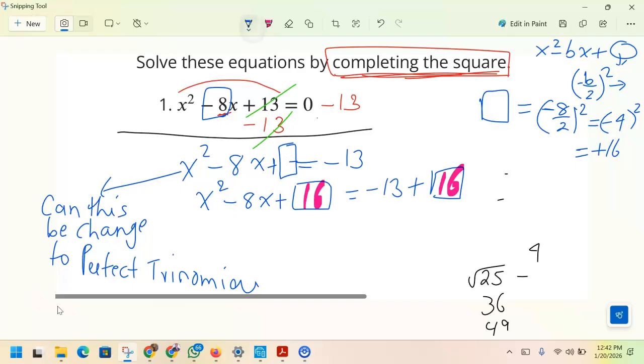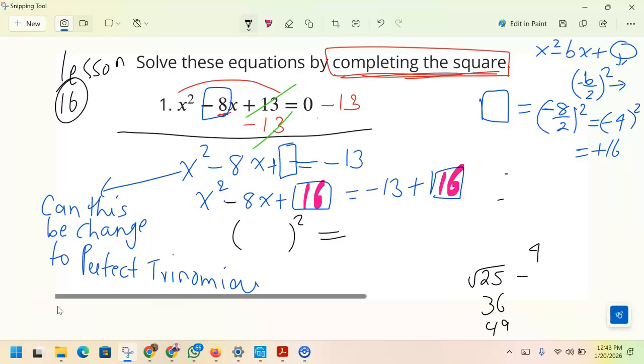And the reason is the perfect trinomial can now be written as a square of the binomial. The goal is to write the square of a binomial. Now, if you remember in lesson 16, we have done that. What is a perfect trinomial and how do you write that?